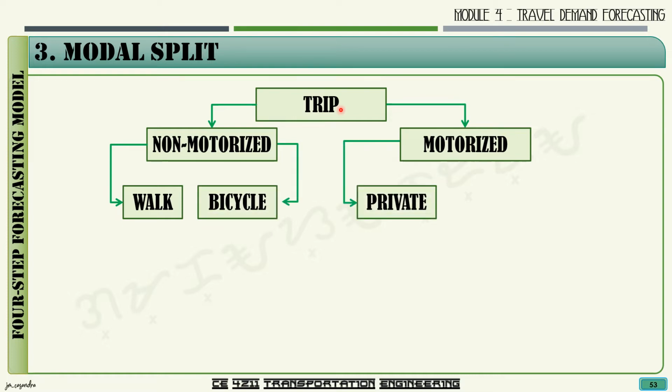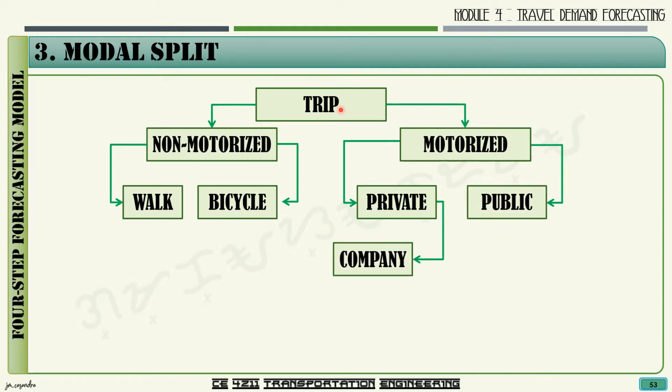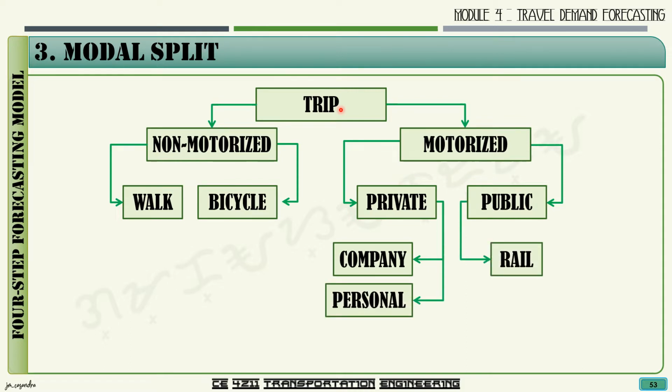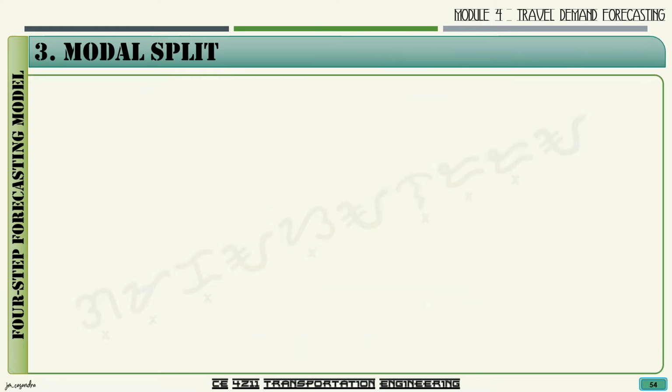For motorized, they could choose a private or a public type of transportation. The private type could be a company car or a personal car. And for the public, this could be a rail transport or a bus transport. So binary, ibig sabihin, there are always two choices for each mode.